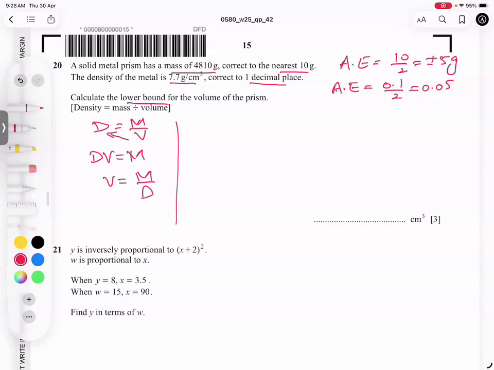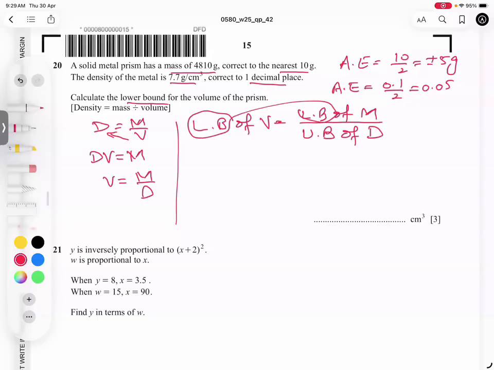If I'm looking for the lower bound, what is the formula, students? Lower bound of the volume basically equals lower bound of the mass divided by upper bound of the density. Okay, so this is the formula. While dividing, this will be the opposite.